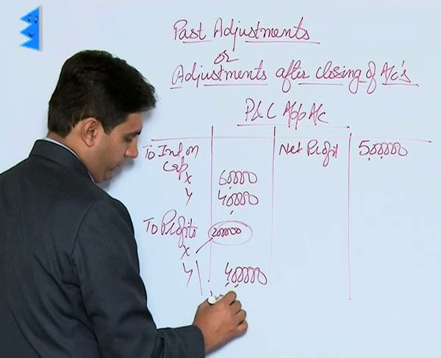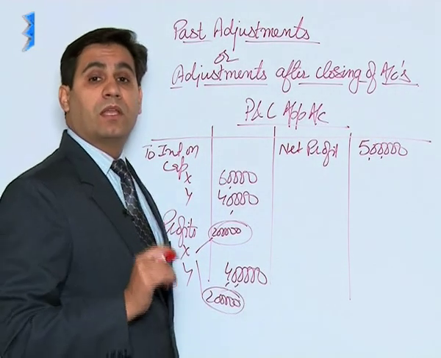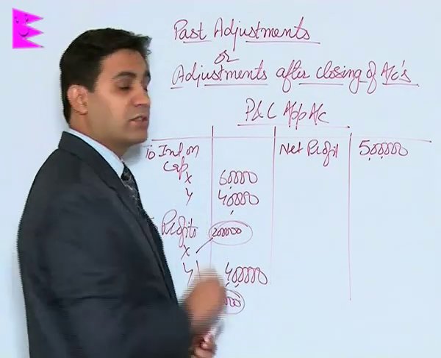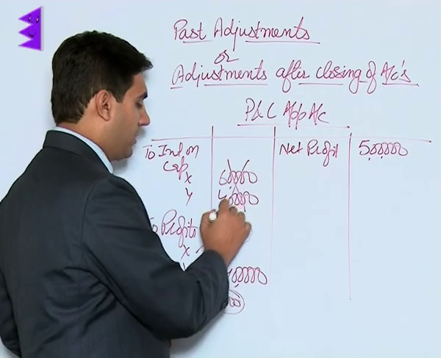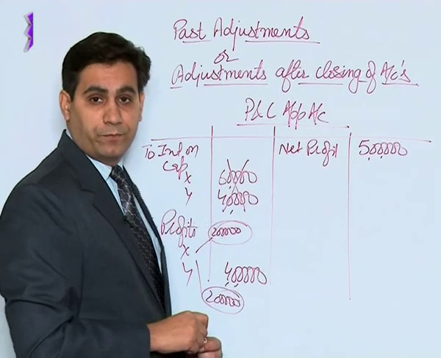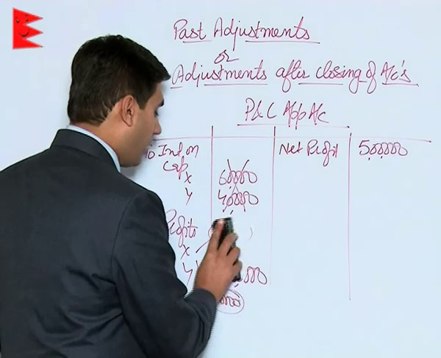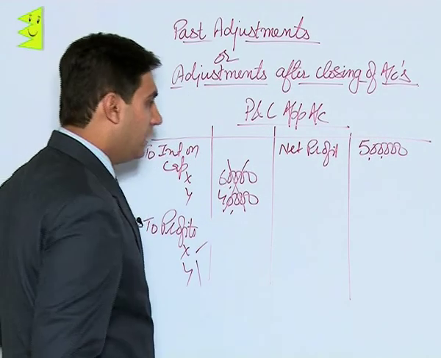Now students, this was the correct division. But what if the accountant has forgotten to provide for interest on capital? Since this interest has not been provided, it's an error on the part of the accountant. So automatically your divisible profits would now be 5 lakh.